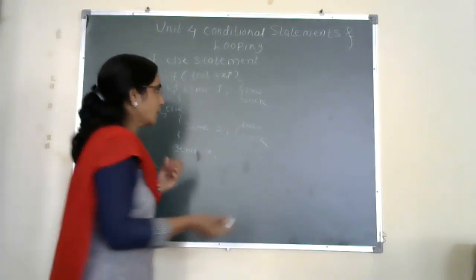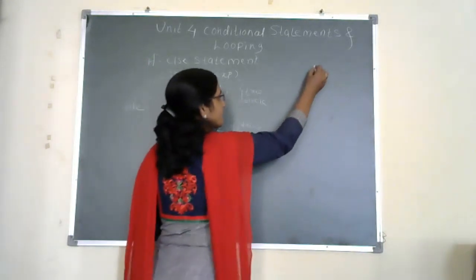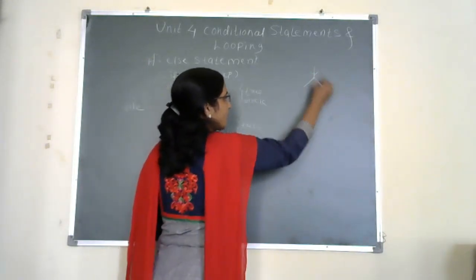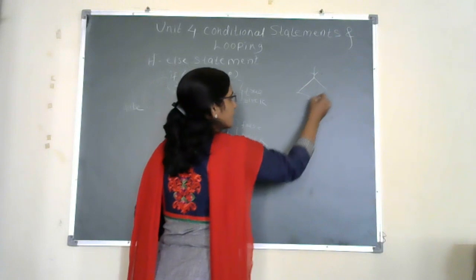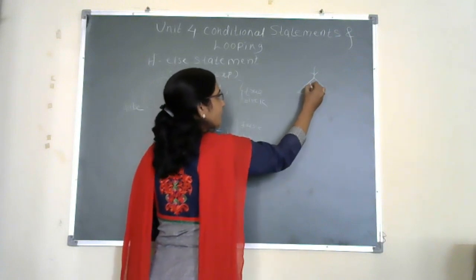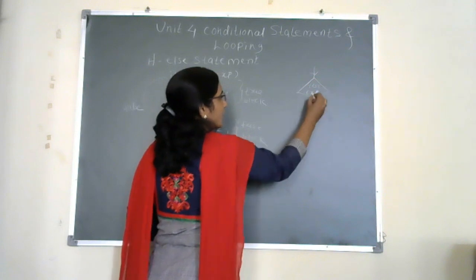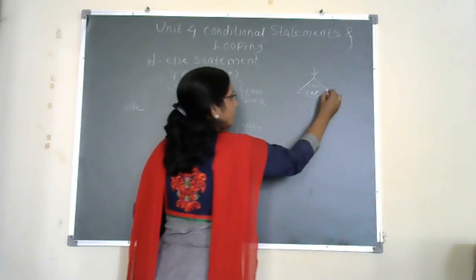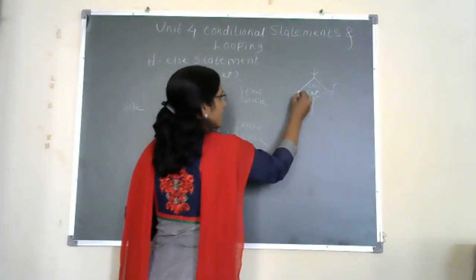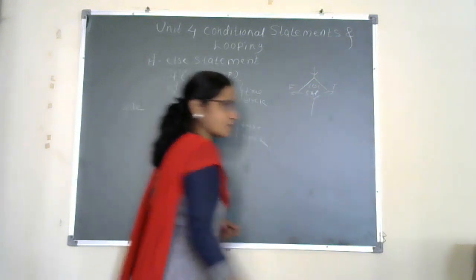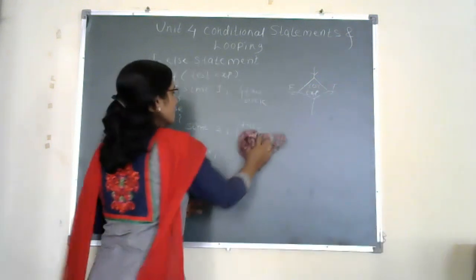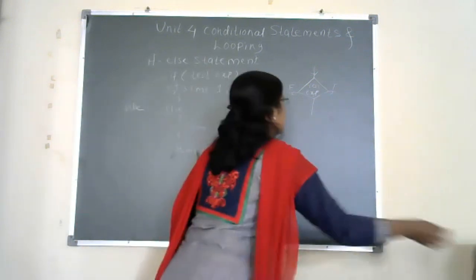And what about the flowchart of this if-else statement? It's very simple, just like the previous one. First of all, the condition, the test expression, will be tested. If the test expression becomes true or becomes false, you have two different ways.